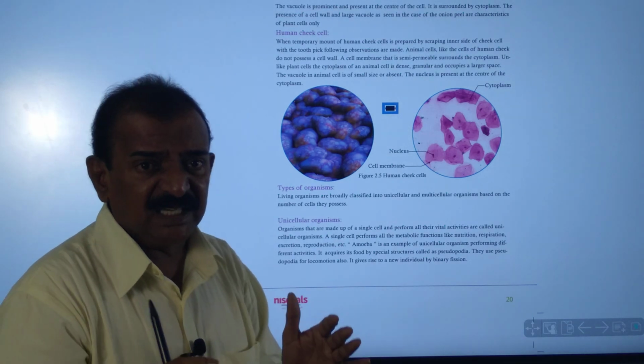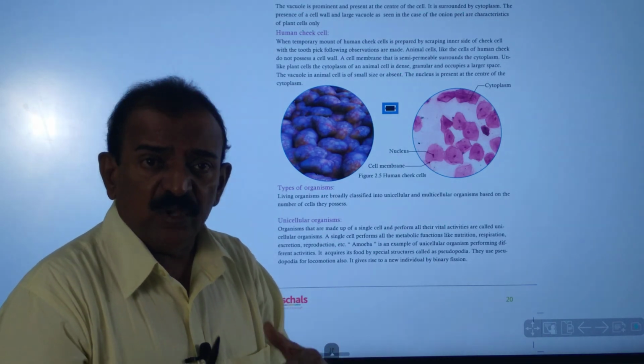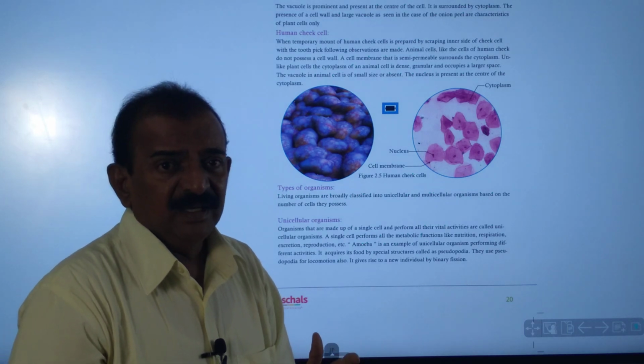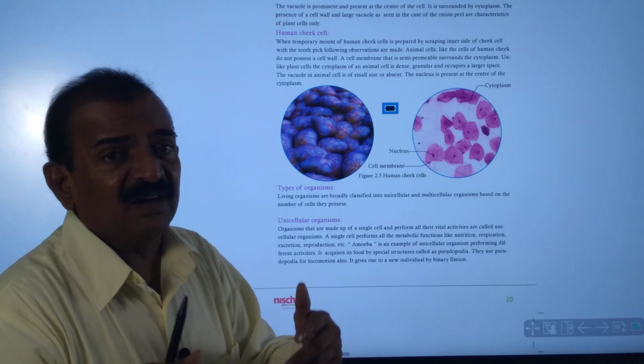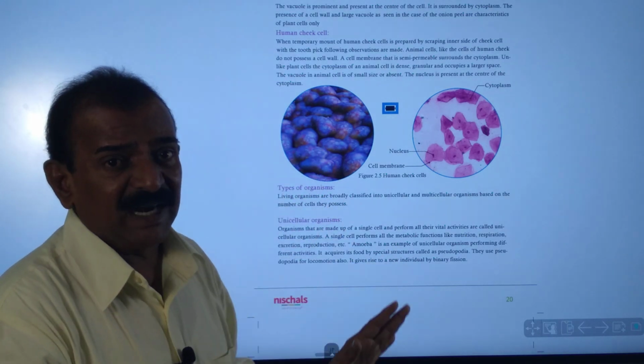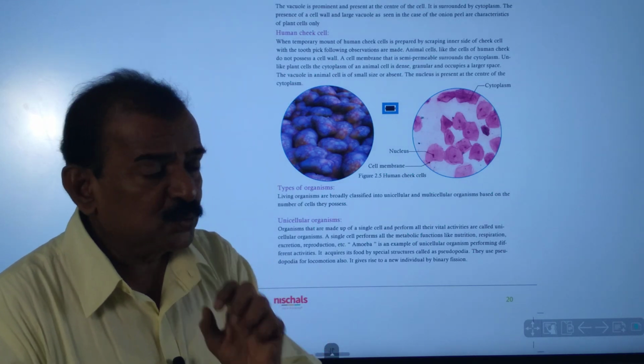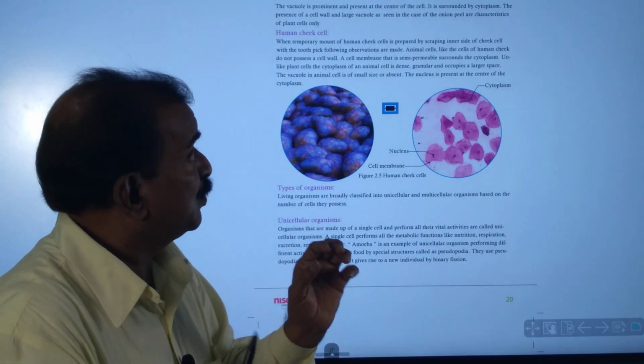These vacuoles are generally useful to store wastes and water, and that is the function of vacuoles. They are present mainly in plant cells and absent in animal cells. If present, they are small structures.